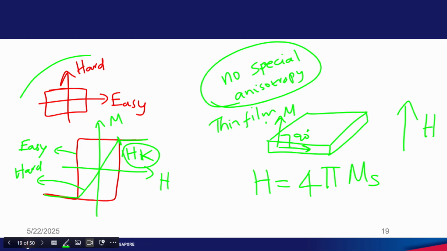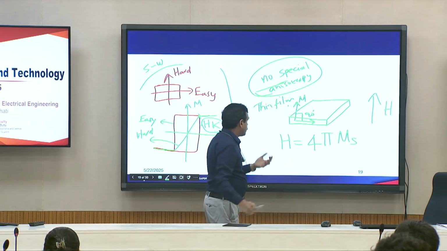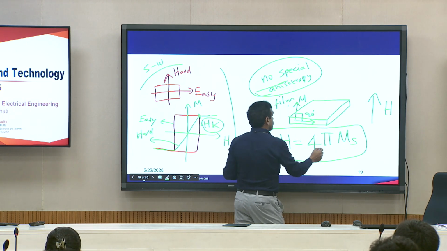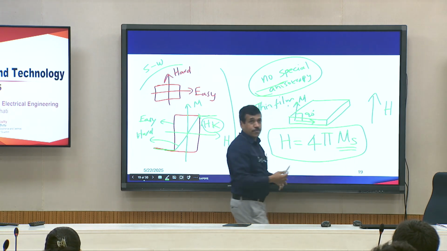In the absence of any other anisotropy, the field you require to make the magnetization perpendicular to the plane is only given by this formula. It is just proportional to Ms.